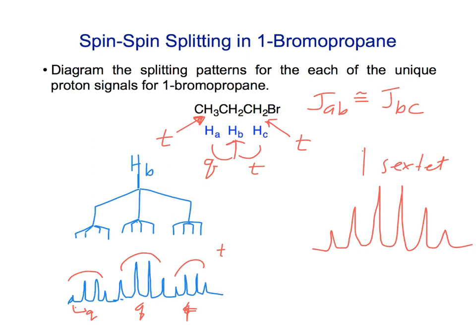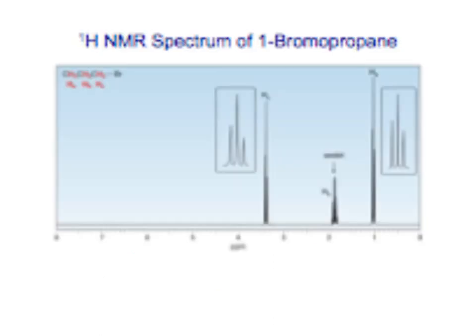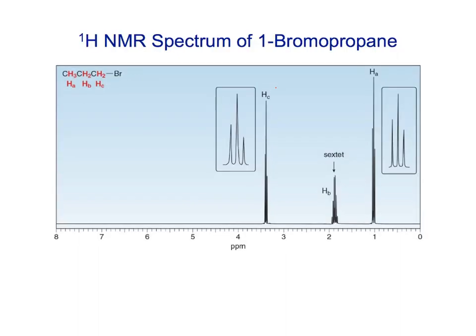If they were not drastically different like that, they can be overlapping in different ways and be much more complicated. So let's look at the spectrum for this compound. They didn't actually blow up the one we'd like to see, but here we have HC right here. It's the most downfield because it's next to the more electronegative bromine.